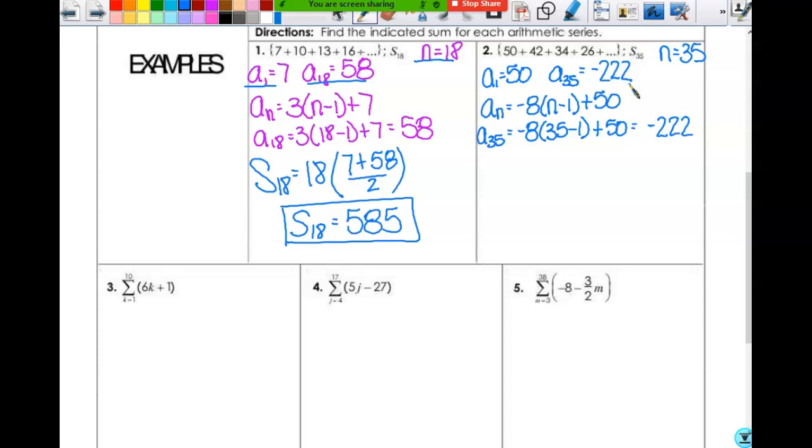Any questions at this point? So now that you have all of that, we have the first term, the last term, and n. Go ahead and find the sum of the first 35 terms.